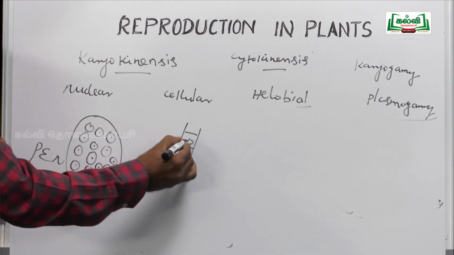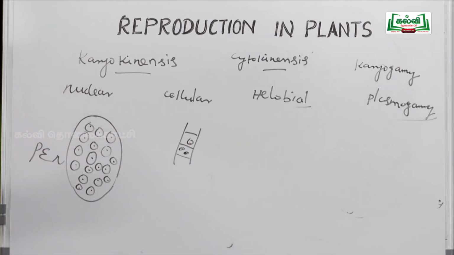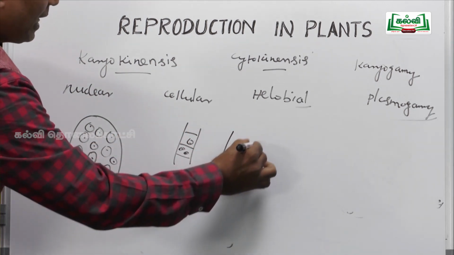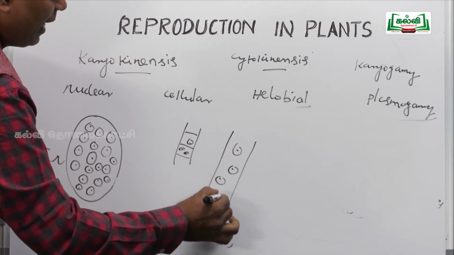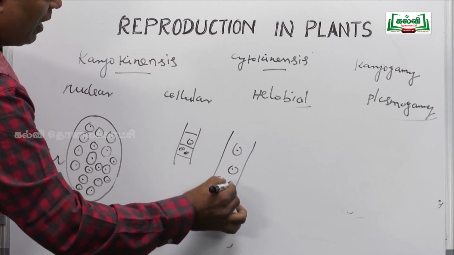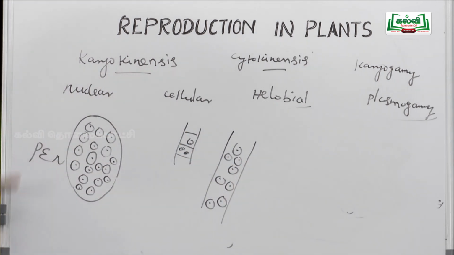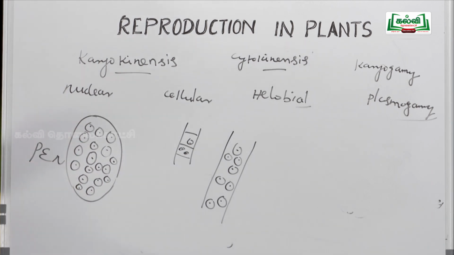The cells present in the mycelium or hypha with two nuclei are dikaryotic. Multinucleate aseptate mycelium is said to be coenocytic mycelium, seen in fungi. Like this coenocytic condition, if the endosperm has many nuclei, it is nuclear endosperm.